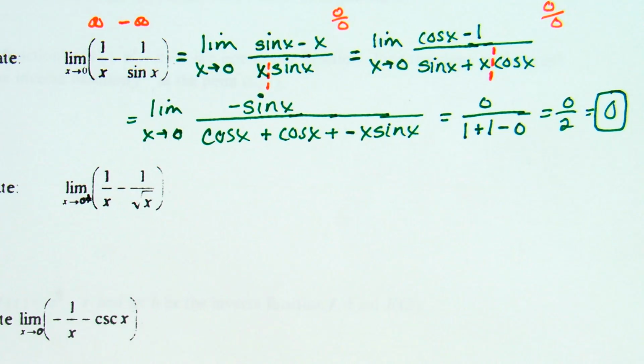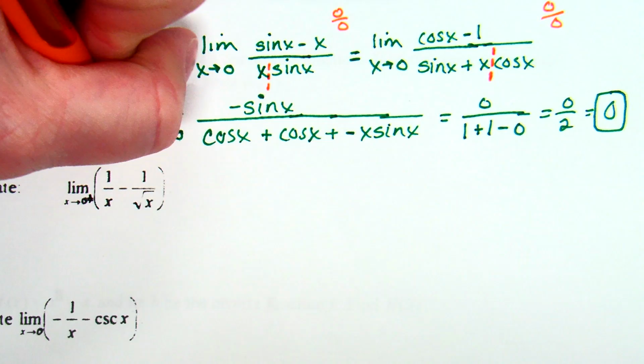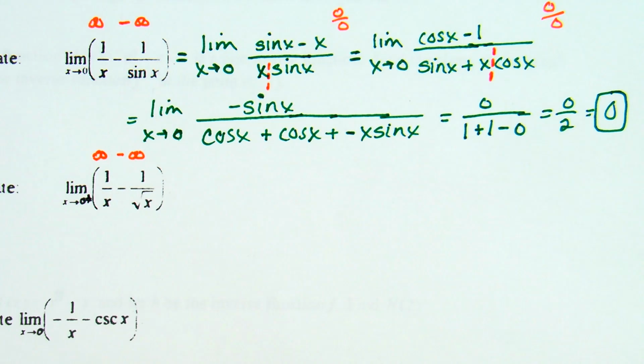1 over x minus 1 over square root of x. What do you know right now if you plug in 0? You get infinity minus infinity. Okay. This is back to the infinity minus infinity, because it's 1 over 0. How do they decide that 1 over 0 is infinity?